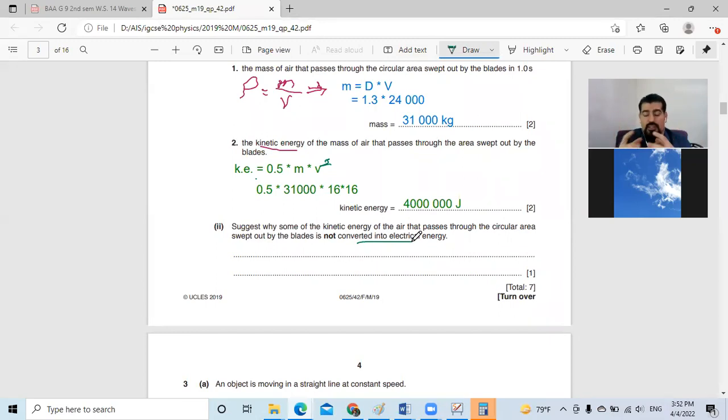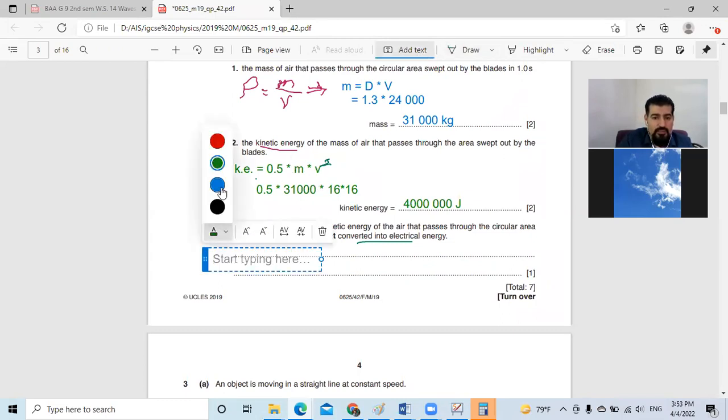So these two reasons are the main reasons why not all the energy is transferred from what? From the air as kinetic energy to what? To electrical energy by this device, or this generator here, the wind turbine.